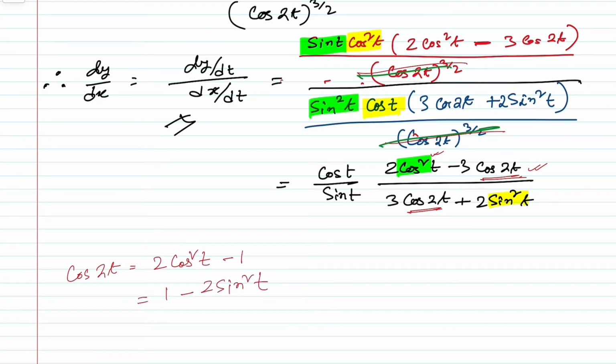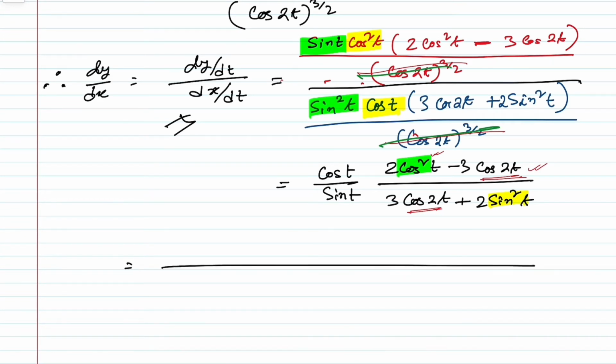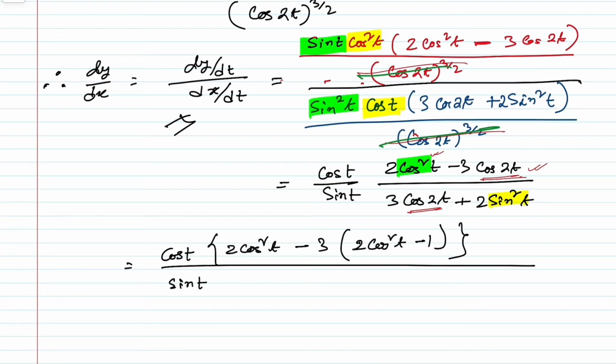If you use these two results, you will get cos t within bracket 2 cos square t minus 3 into bracket 2 cos square t minus 1, then sin t, 3 into bracket 1 minus 2 sin square t, bracket close, plus 2 sin square t.